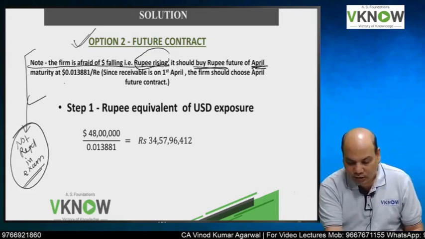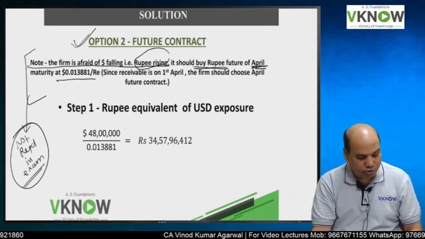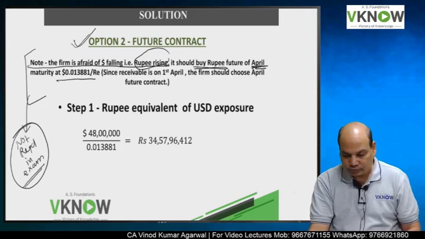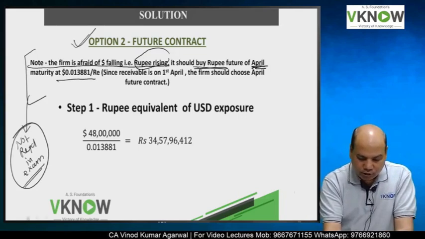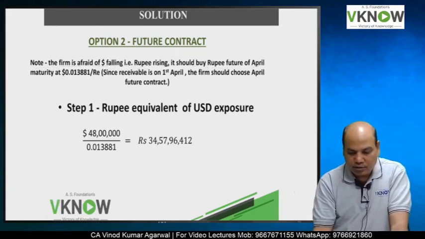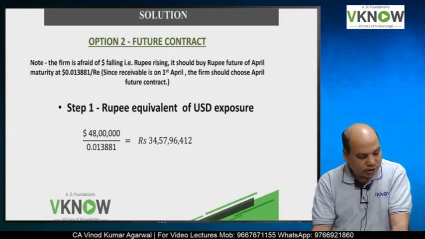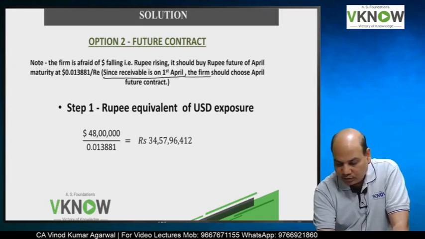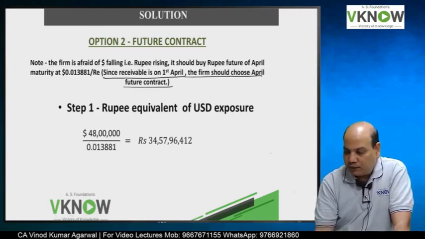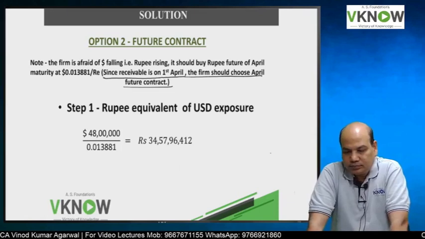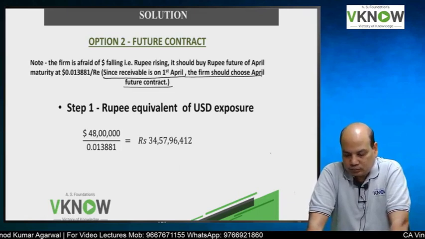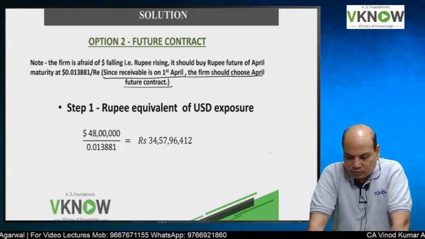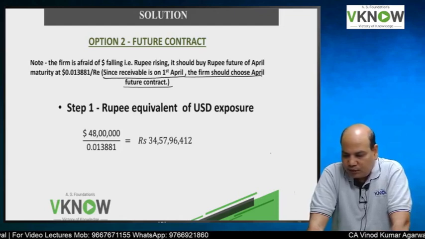April maturity at 0.013881 dollar per rupee. Then your query can be why we have taken April, why we have not taken February. The answer is, since receivable is on 1st April, the firm should choose April future contract.